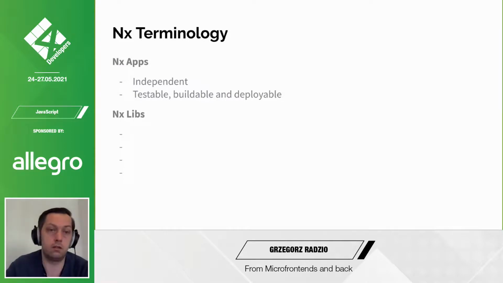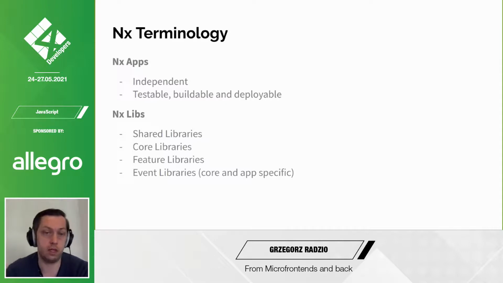And then what an app contains are the libs. So what are the typical examples of libs? In our case, we have shared libraries. Those are the libraries that contain the UI for us and shared code. The idea is we use the layered architecture model. We support really four or five different architectures.